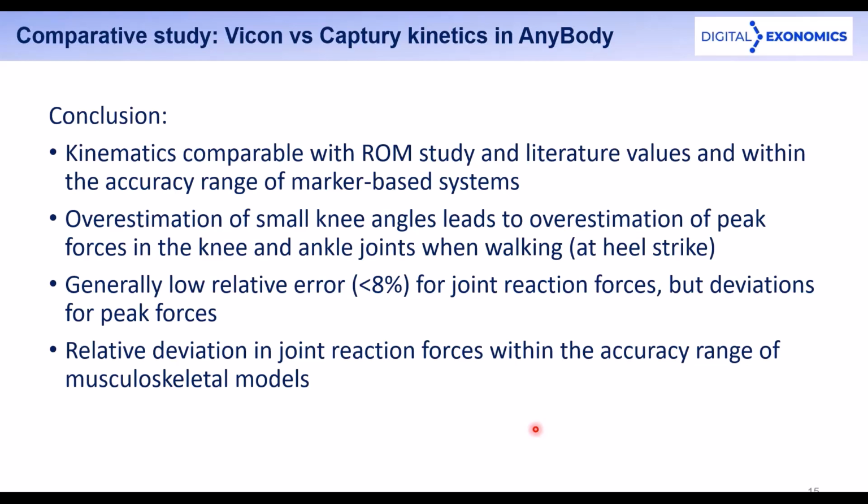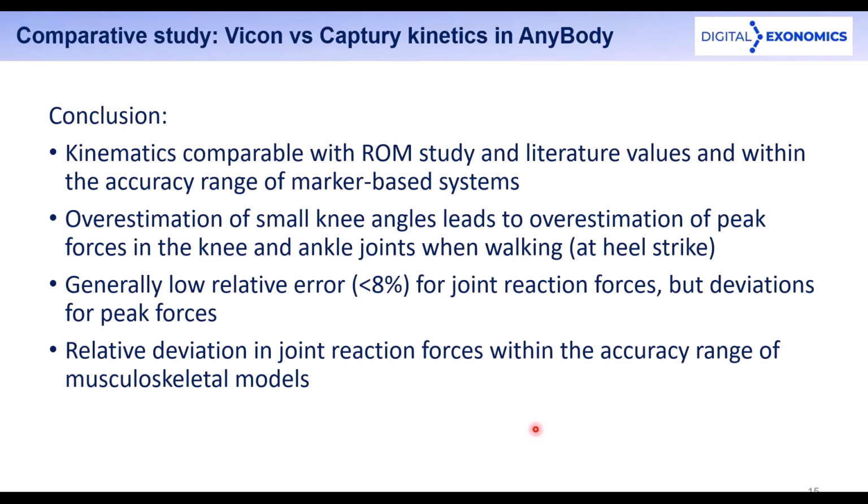So even when you use marker-based motion capture, there's always some uncertainty to your results, so you never get the exact joint angles, obviously. And with some values, we are actually within this accuracy range that we know from marker-based systems. So we can say that overall, kinematic results are quite good, also from the second study.